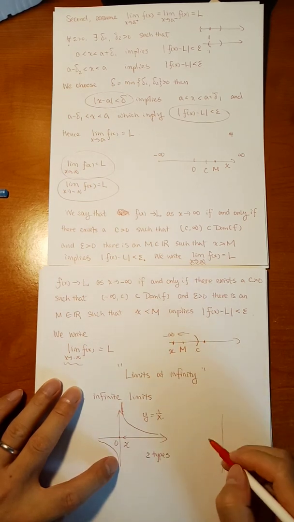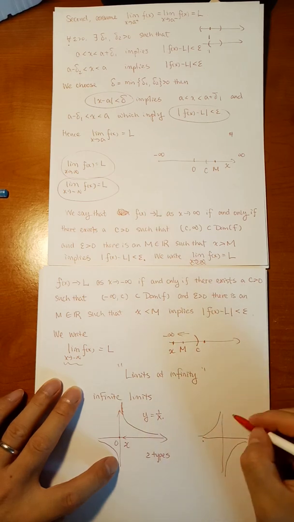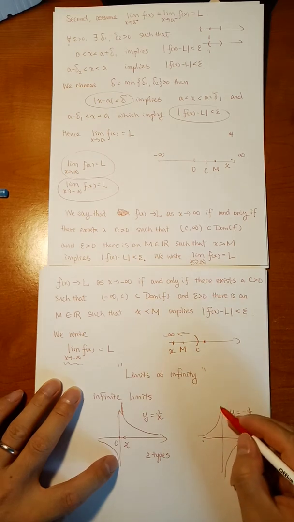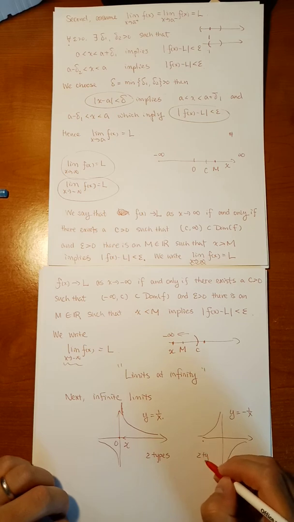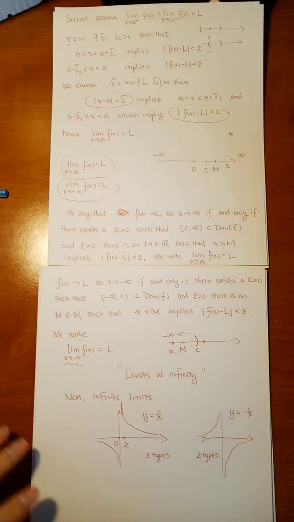Or the other way, the right limit is negative infinity and the left limit is positive infinity. This is the other 2 types. So together there are 4 types of infinite limit. We are going to write just one, and you can write the other 3 types.